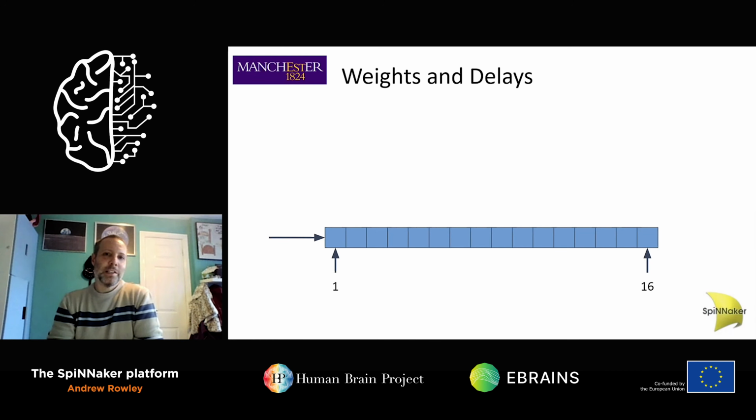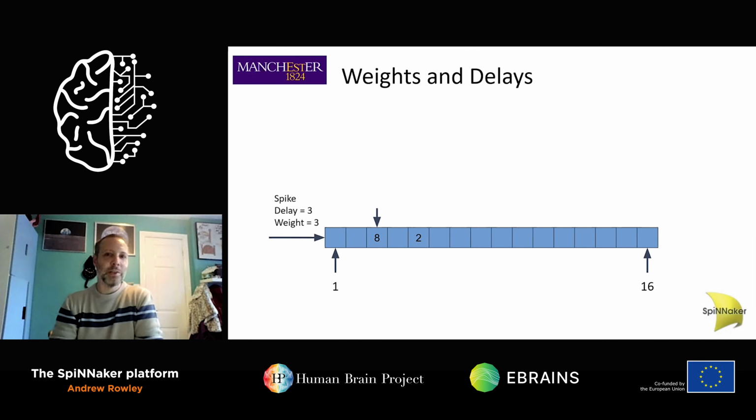So what happens is if a spike comes in for a synapse and it has a delay, say of 3, we look in the third slot away from where we are and we write down the weight into that slot. If we then get a different spike with say a delay of 5 and a weight of 2, we put it in a slot further along. Now, if we get another delay of 3 and we've still not processed this yet, we actually update the synapse.